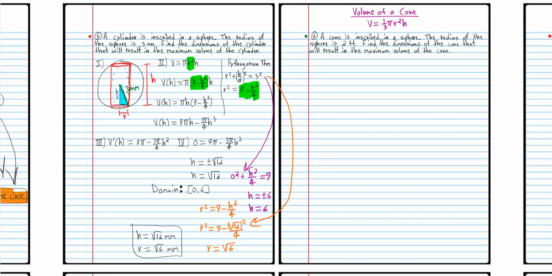Okay, so I want you to try number 6. And the most difficult thing is the tricky part here, where you have to somehow find a relation between the height and the radius of the cone. Now, I have a formula here that you can use for the volume of a cone, so use that formula.